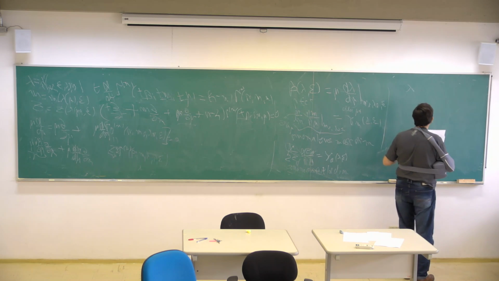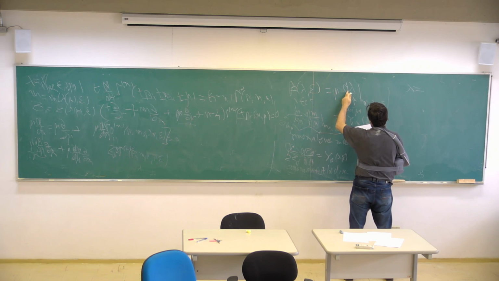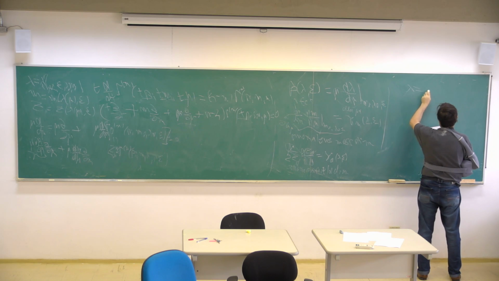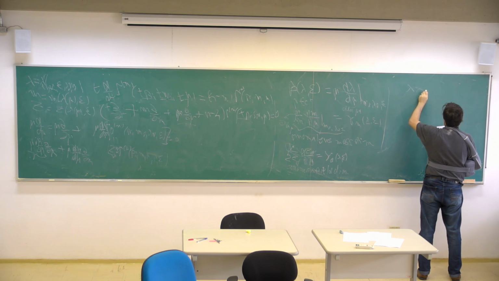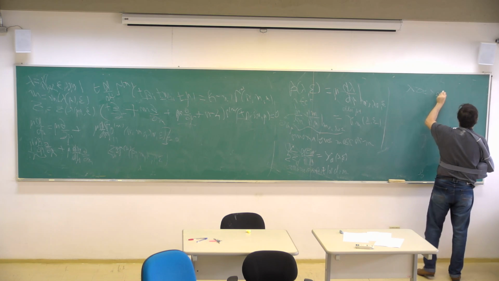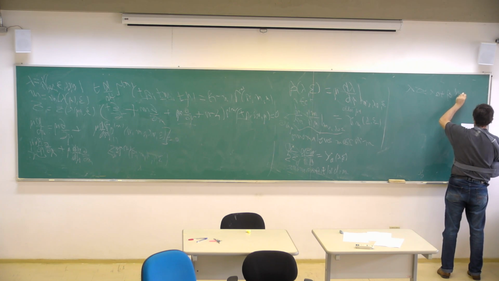So the derivative of lambda with respect to log mu is a constant, which means that lambda is maybe lambda 0 plus beta log mu.